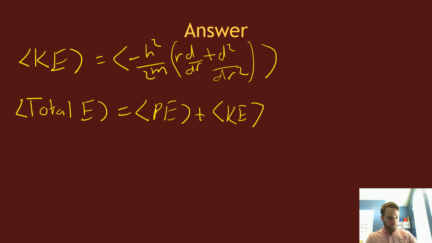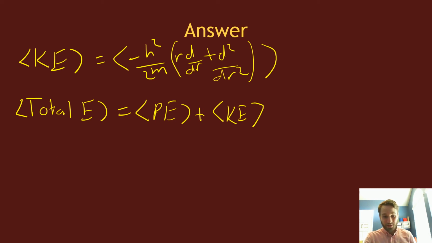So we know that the total energy is just equal to, what is it going to be? Let's see here. Sorry, I'm going to look this up. We know this by looking it up.